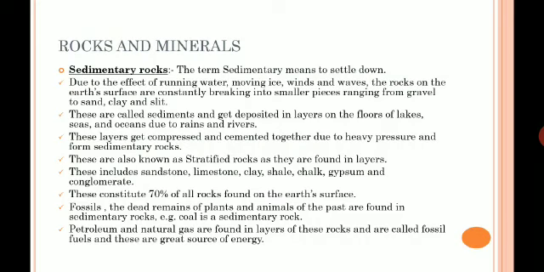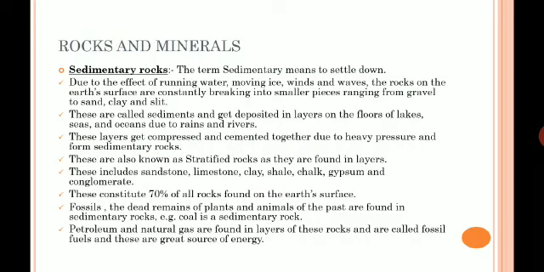These are also known as stratified rocks because they are found in different layers. Examples of sedimentary rocks: sandstone, limestone, clay, chalk, gypsum, and conglomerate.